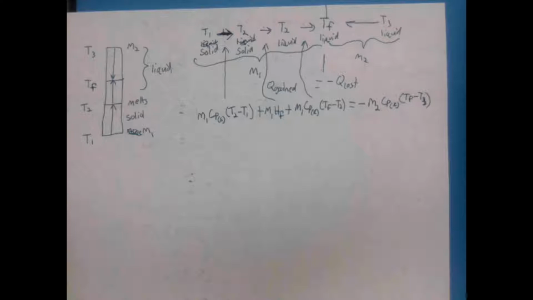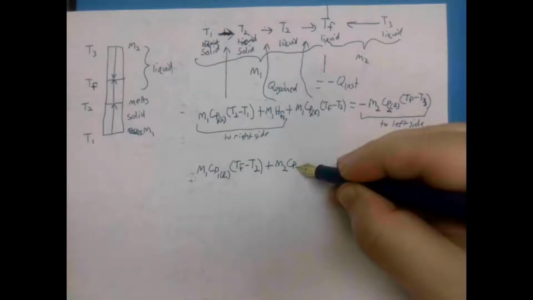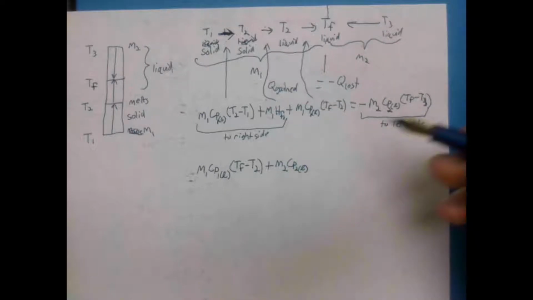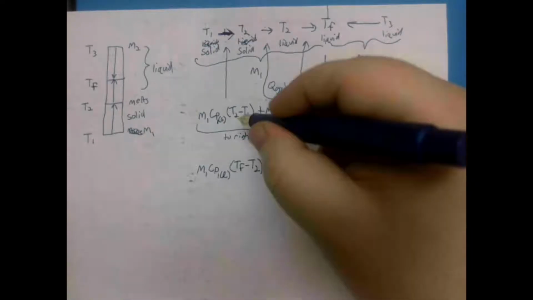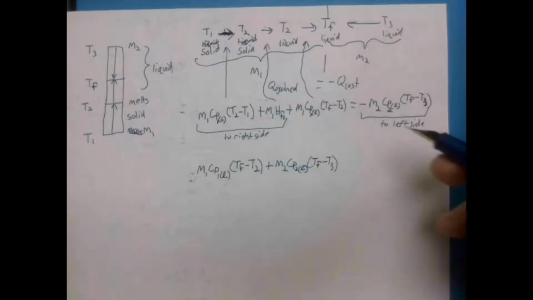So mass 2, CP2 liquid. And then it's TF minus T3. And moving this section over, it ends up with minus M1 CP1 solid times T2 minus T1 and minus M1 HF1.